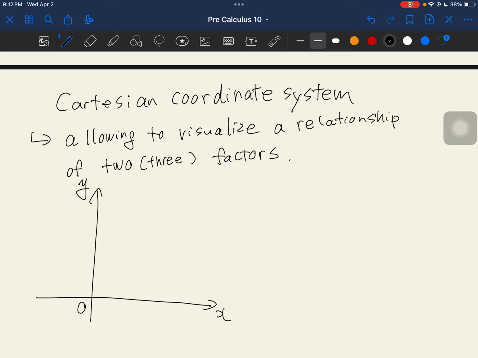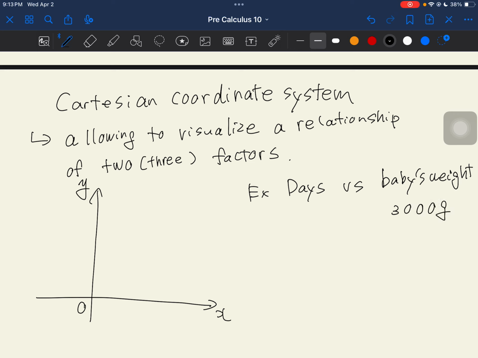Let me give you an example. Let's say you have two pieces of information, which are the days versus a newborn baby's weight. So the baby's weight after the baby was born.